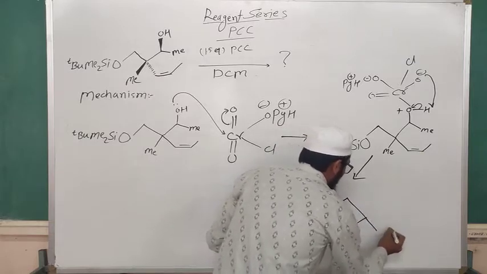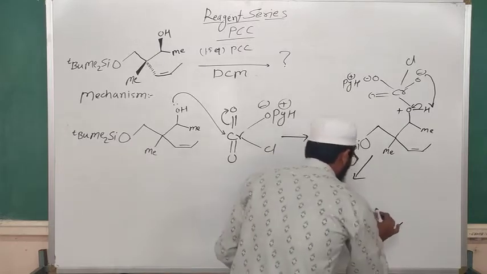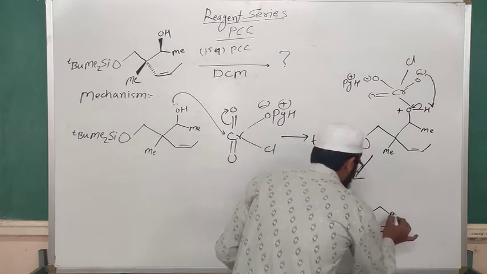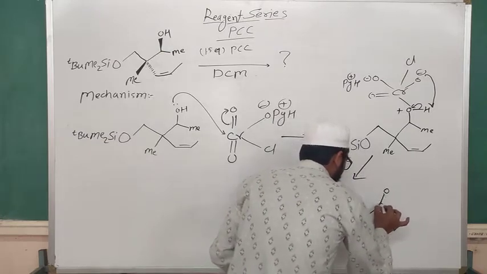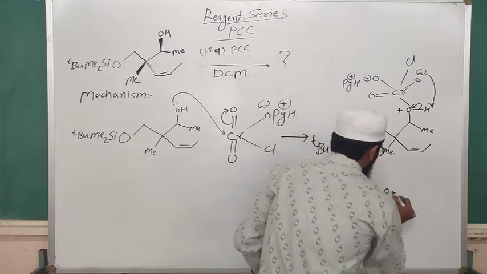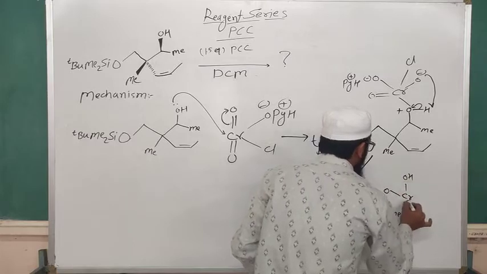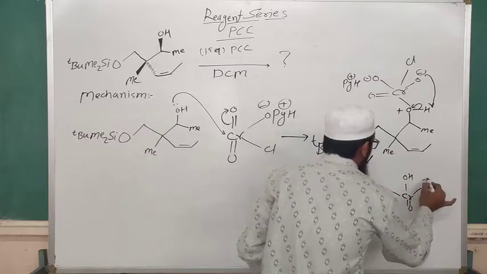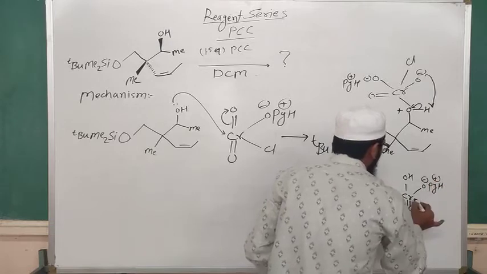Then here we have the structure of alkene, and then our methyl here, and what remains here: our oxygen and chromium, single bond OH, double bond O, single bond O negative, pyridinium H positive, and chlorine.